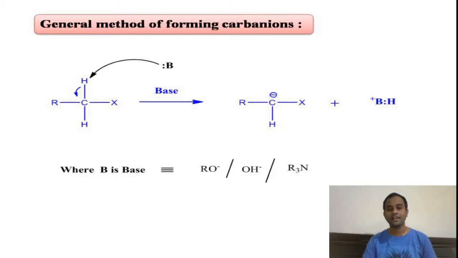Here the carbon anion formed is resonance stabilized, and once it is resonance stabilized, we can say that the compound easily forms the carbon anion in the presence of base. You can see here the various bases, that is alkoxide ion, hydroxide, or triethylamine. These are the various bases we can use for generating carbon anions, right?